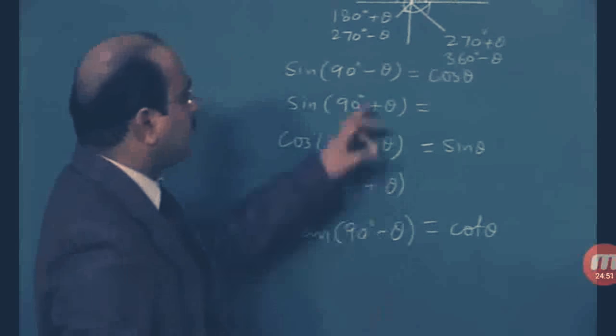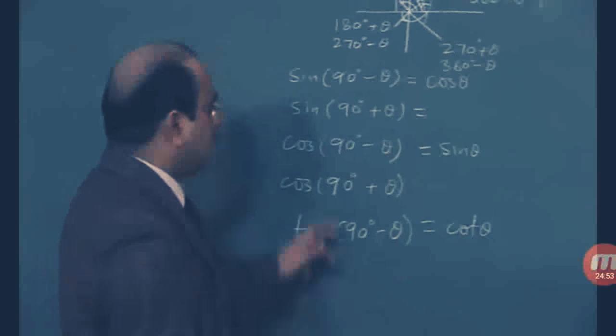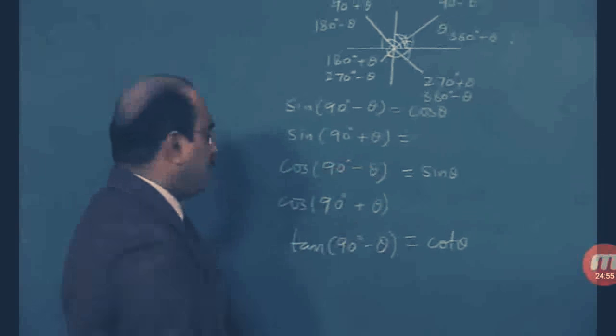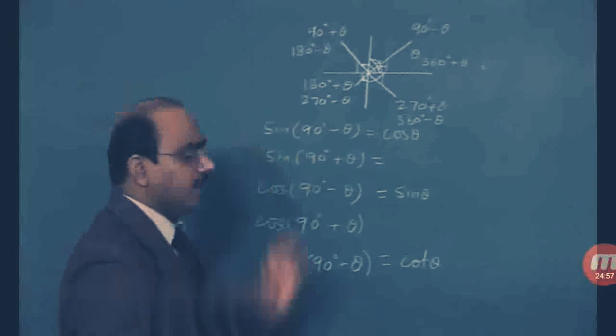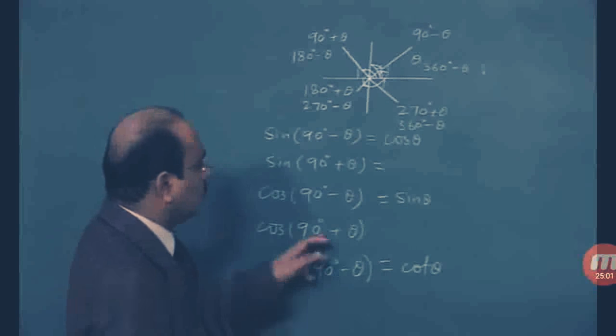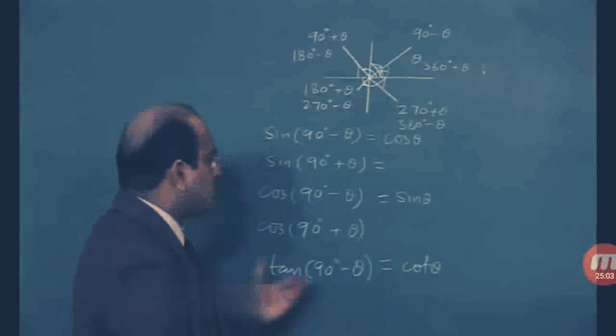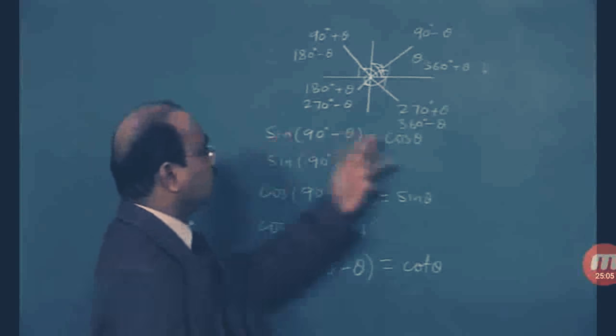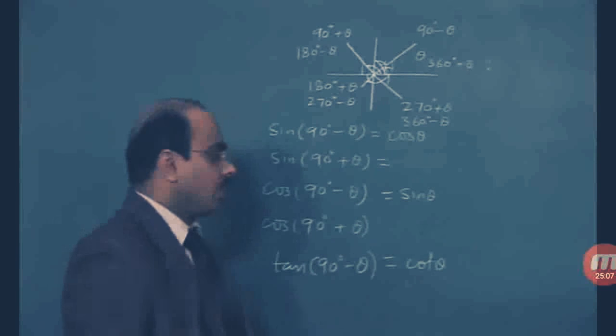But when we change this minus into plus, that means 90 plus theta, or we use 180 in place of 90 or 270 etc., then the rules change. It is not simply that sine converts into cos, cos converts into sine. No, it is not simply that.